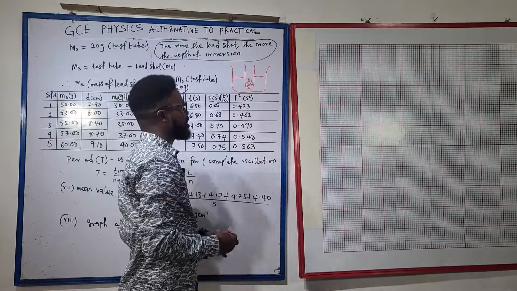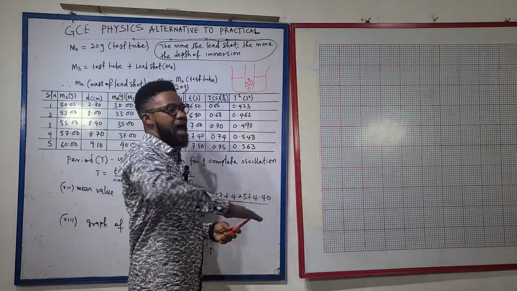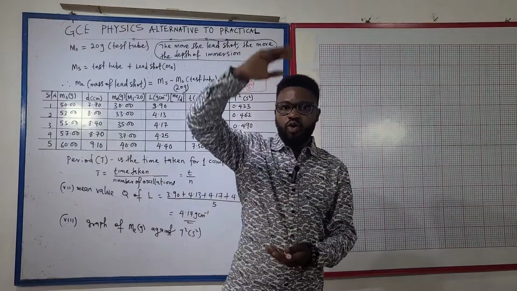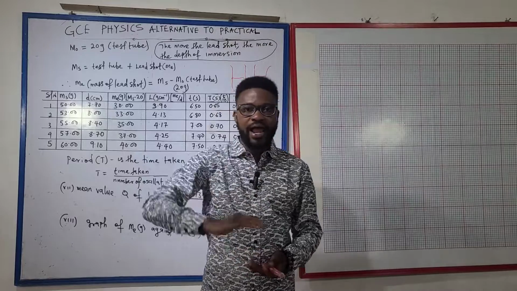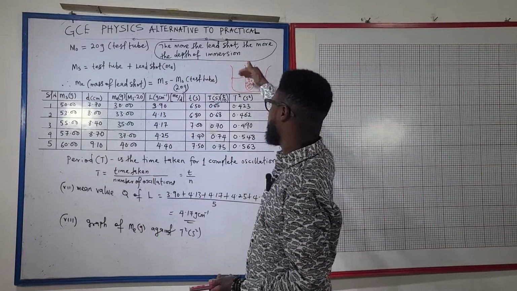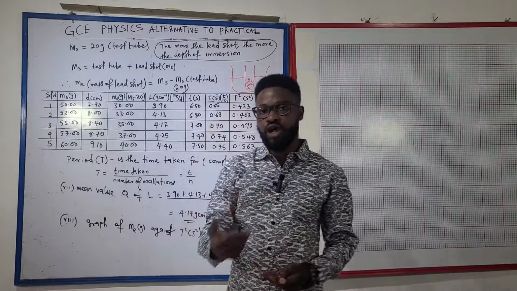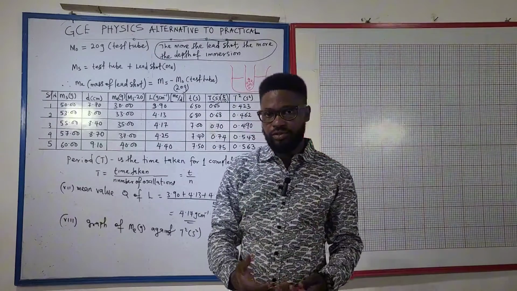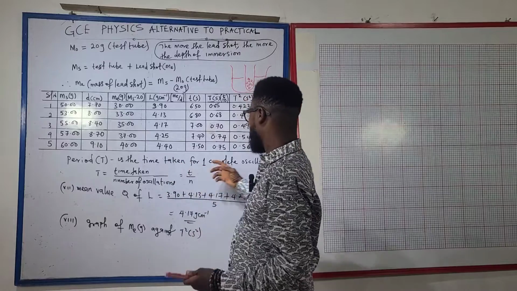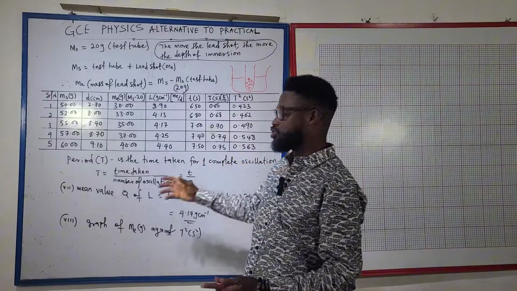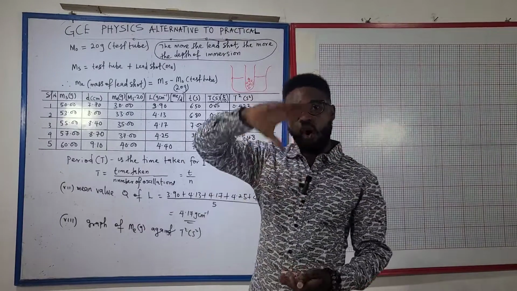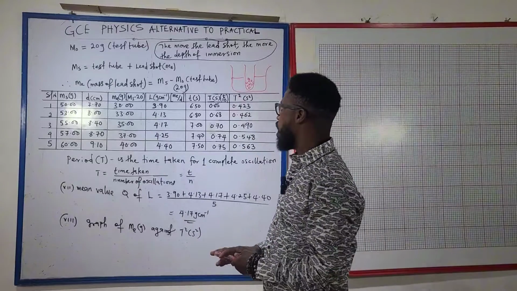So what this means is that the test tube has the tendency to oscillate, to bob up and down, more of a periodic motion, so that in the process we begin to talk about period. That's the time it takes to complete one oscillation or one cycle or one to and fro movement.